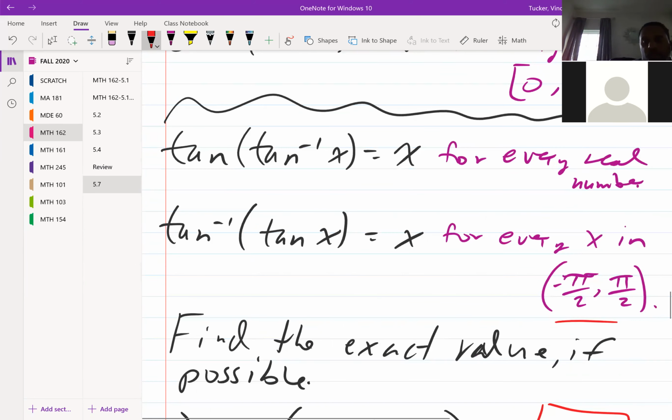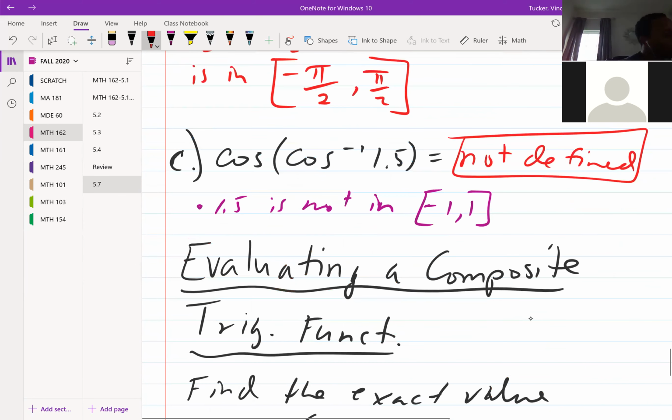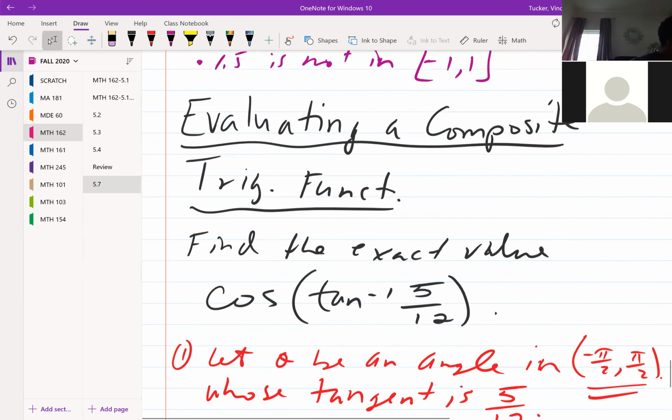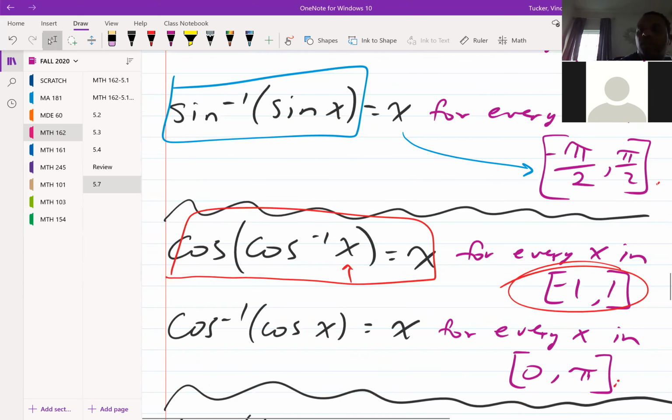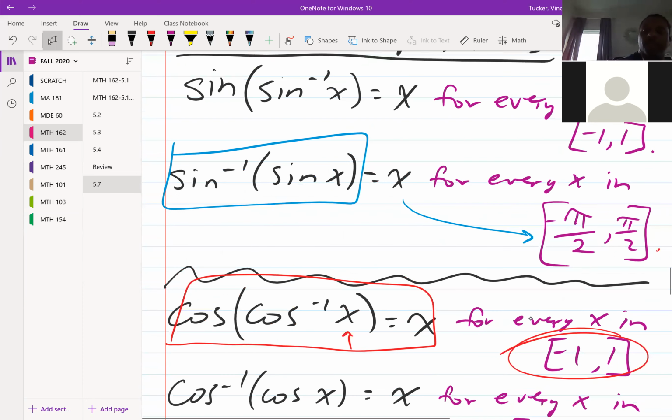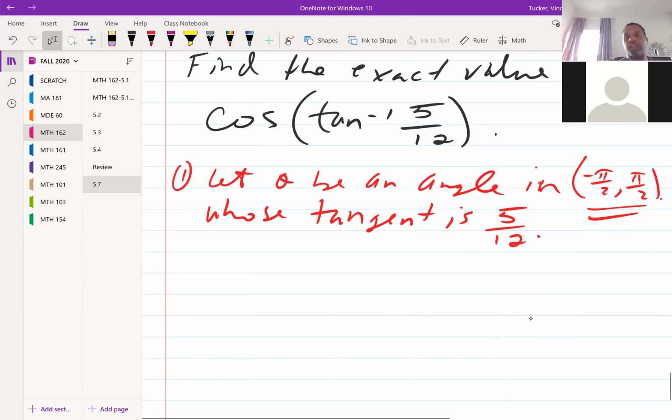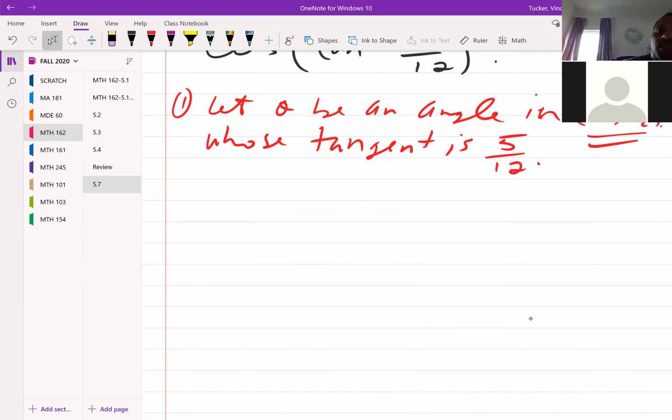All right, so we're going to let theta be an angle whose tangent is 5 over 12. So we can rewrite this way.